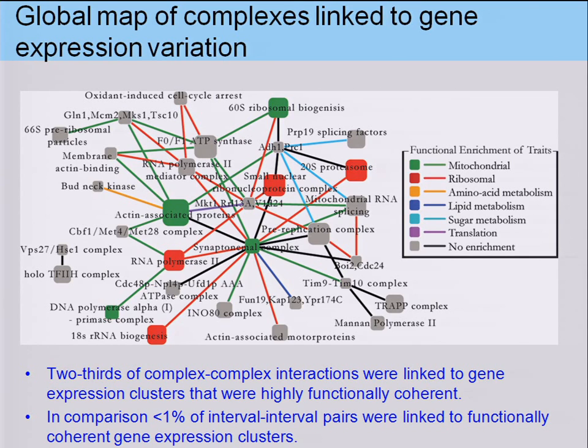So roughly 2/3 of the pairs are highly functionally enriched for marker pairs, suggesting that by and sort of definitely.